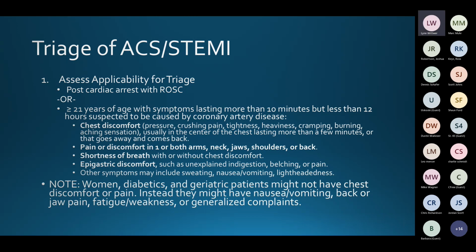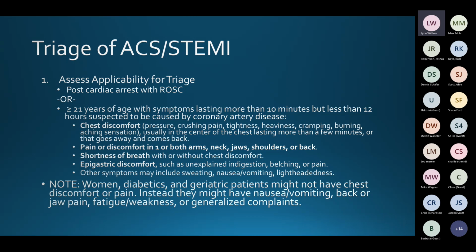Pain or discomfort in one or both arms, neck, jaw, shoulders, or back. Shortness of breath with or without chest discomfort. Epigastric discomfort, such as unexplained indigestion, belching, or pain. Other symptoms are sweating, diaphoresis, nausea, vomiting, lightheadedness.